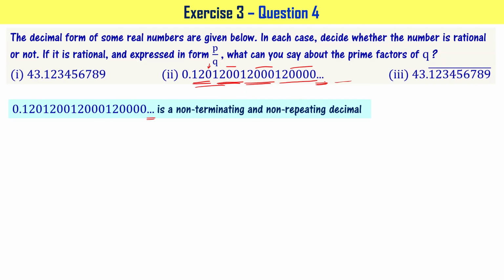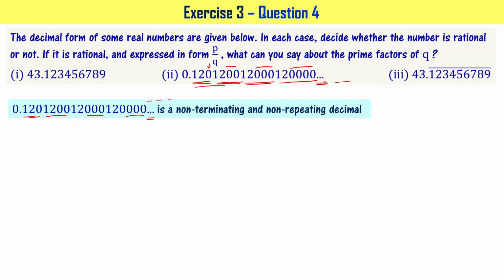And when you look at this, there is nothing periodic. It's like 12 and 1 zero is there, then you have 2 zeros after 12, then you have 3 zeros, you have 4 zeros, you can have 5 zeros, 6 zeros, 7 zeros, like that. It goes on, right? That's why we say that it is a non-terminating and non-repeating decimal.